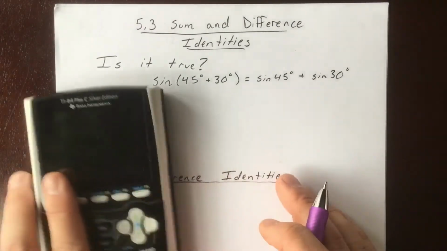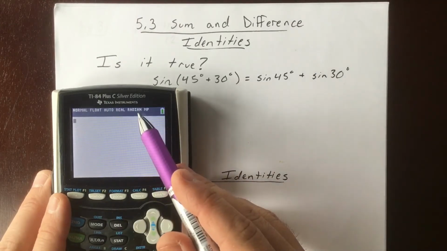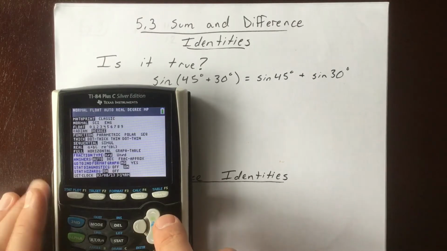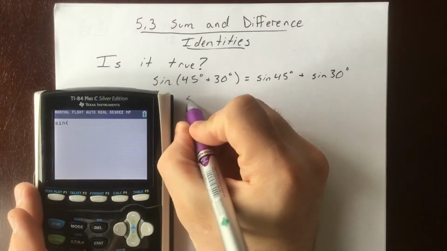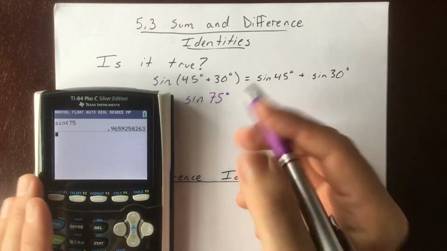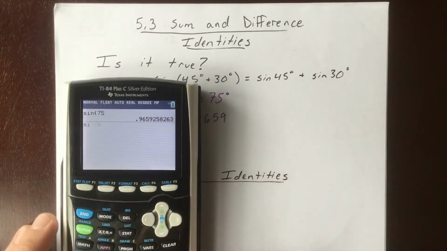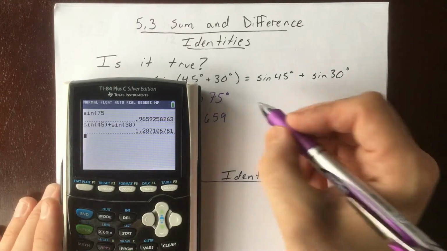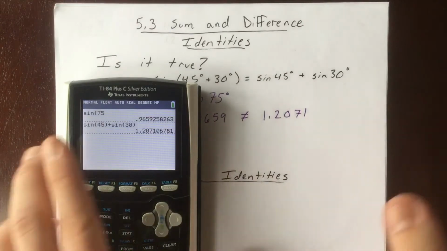Let's make sure we're in degree mode. The sine of 75 degrees is 0.9659. And then sine of 45 plus sine of 30, we get 1.2071. So they are not the same.